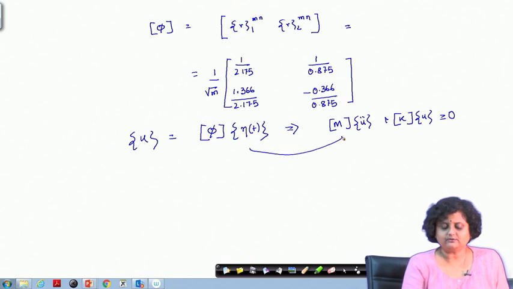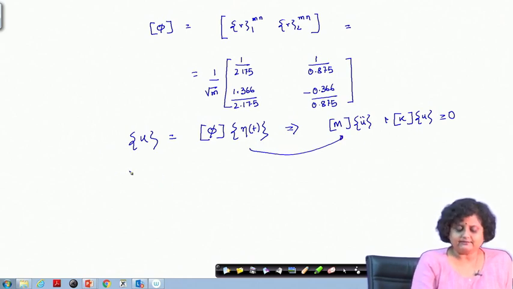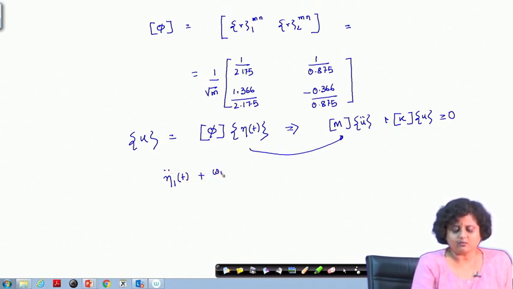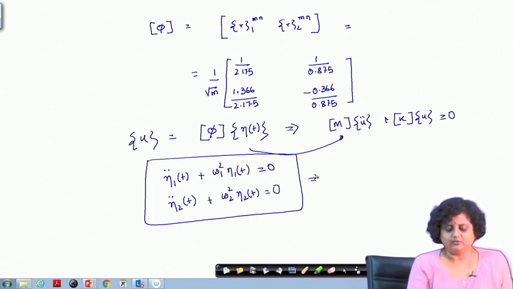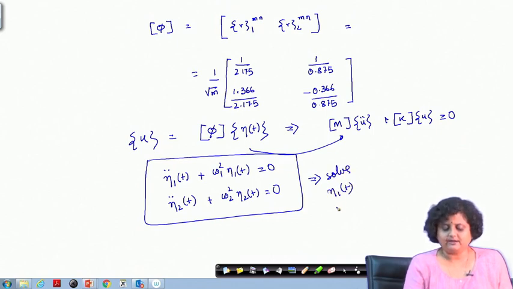If I substitute this, I can directly say that the equations I am going to get are eta 1 double dot t plus omega 1 square eta 1 t is equal to 0, since this is a free vibration problem, and eta 2 double dot t plus omega 2 square eta 2 t is equal to 0. So, now what I need to do is solve these two equations to get eta 1 t and eta 2 t.